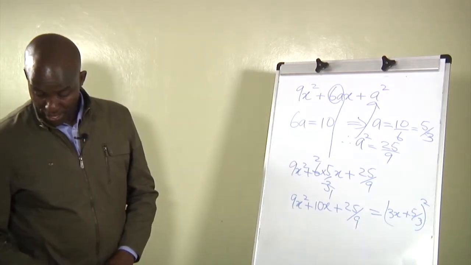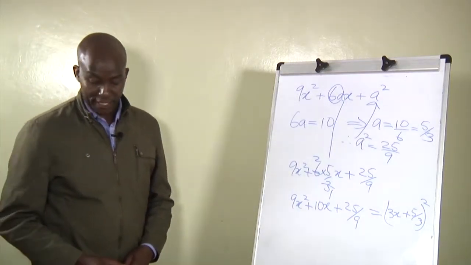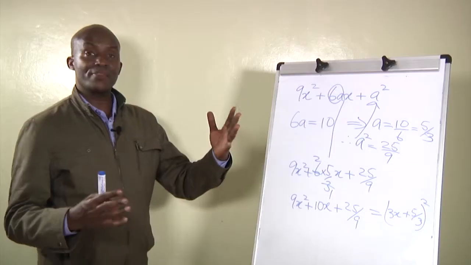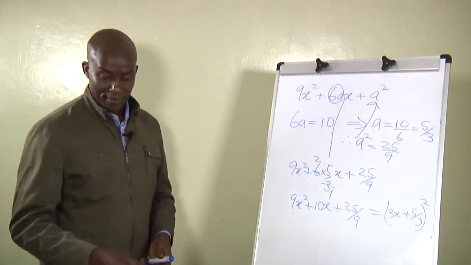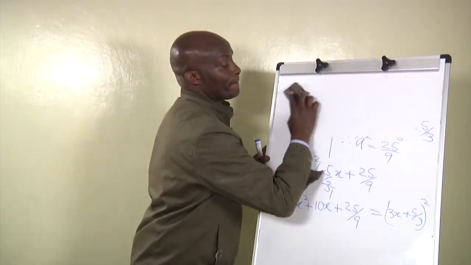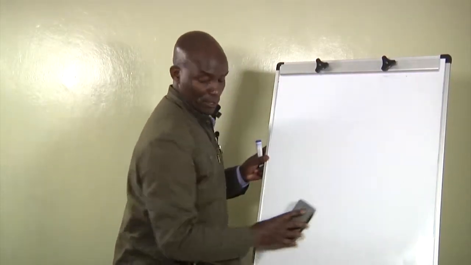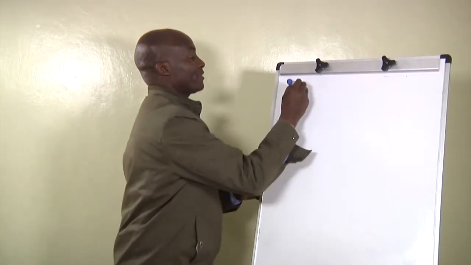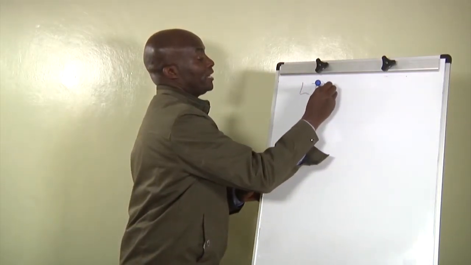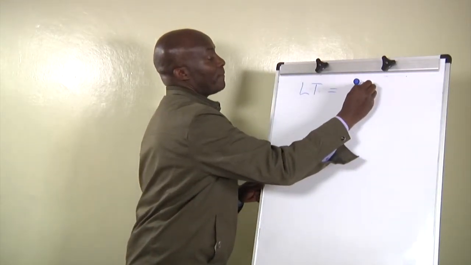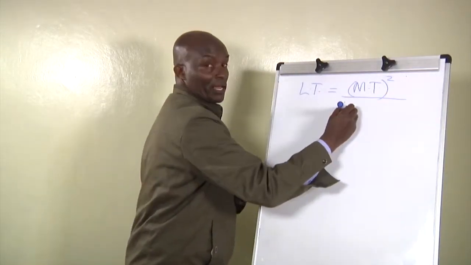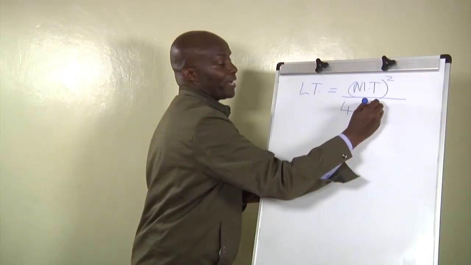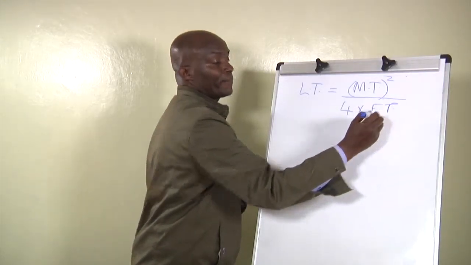So now, before a few more examples, we have seen that there are three methods. One, the first method, is where you say the last term is equal to the middle term squared divided by 4 multiplied by the first term.